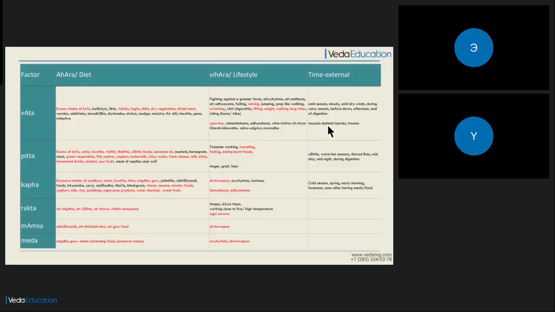And then there are external or the time factors which can cause a vitiation of Vata. Of that, I have highlighted in red the ones specifically which can contribute to the glandular development or the anatomical change, which can develop into either precancerous or cancerous development as well.